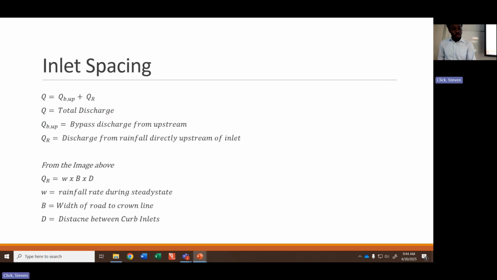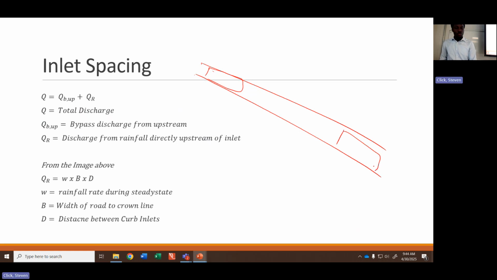Okay, so assuming you have two inlets like this. This is the first one on the roadway. This is the second one. The second one will be taking two flows.